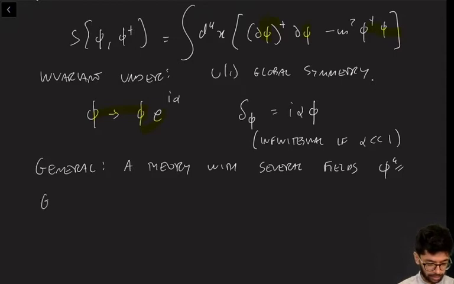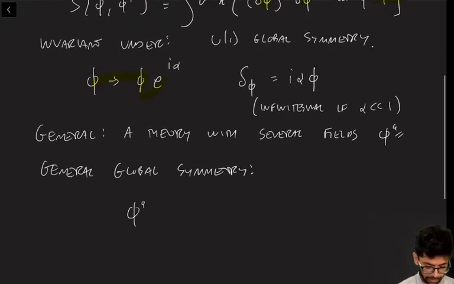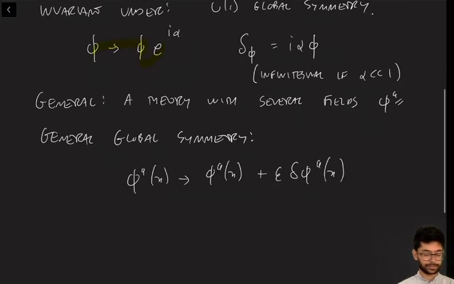So I'm going to take my general global symmetry to be of the form phi A of x goes to phi A of x plus epsilon times delta phi A of x. And this is some sort of general transformation. I've not told you exactly what this transformation is, but it's some general transformation of the fields.